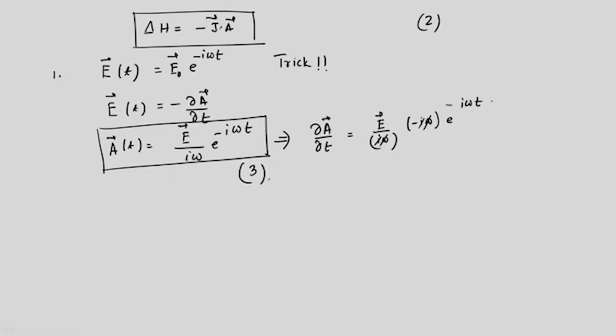So, we have to find this potential, rather this perturbation term, which has a form j dot A, and A is assumed to have a form like this. At the end, after we do all the calculations, we will put omega going to 0 to take the DC limit. Okay. All right.